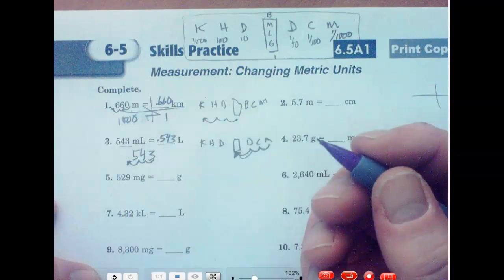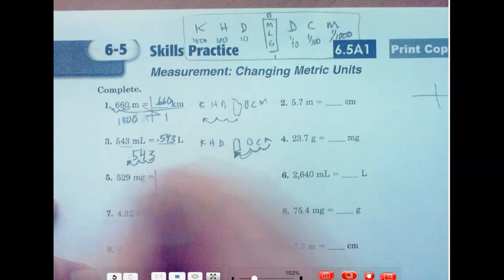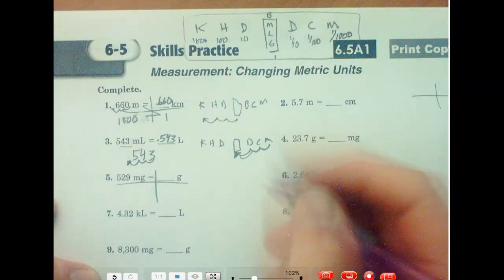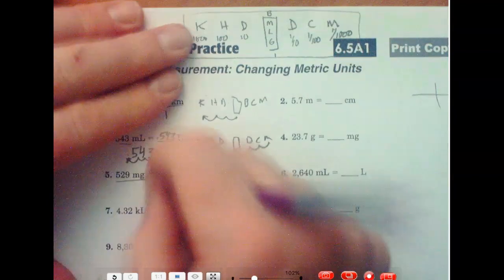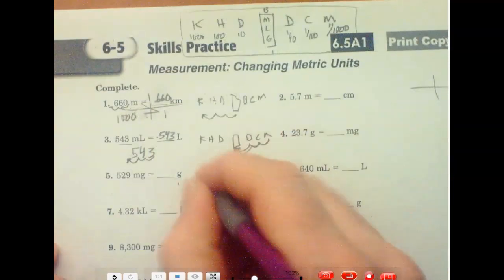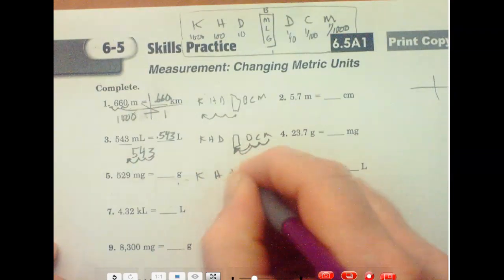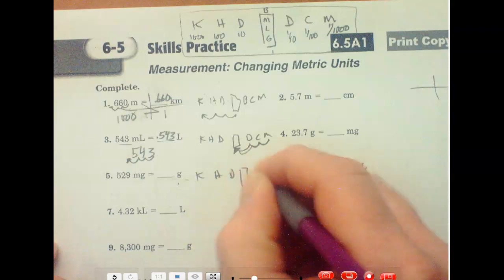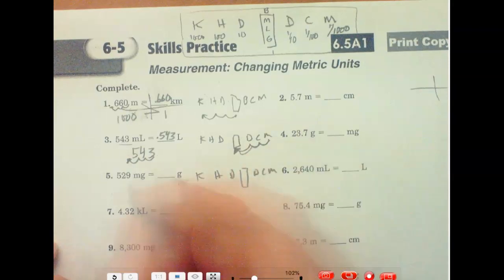Okay, let's try another one. 529 mg's is how many g's? Sorry, I'm just so used to making the little graph there. So King Henry died. It only takes a minute. Don't complain. Drinking chocolate milk. So 529 mg's is how many g's? So I'm at mg's.